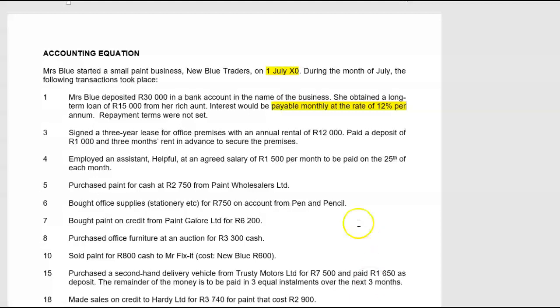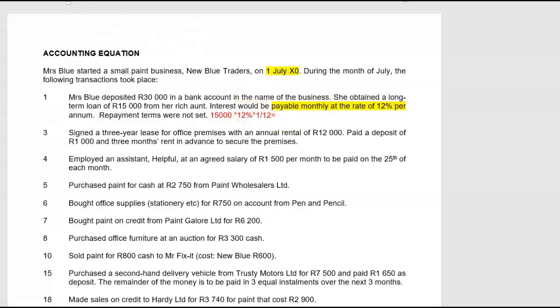Now, the other transaction that I referred to is the interest, but obviously we are now at the first of the month. So on the 31st of July, we will have to account for the interest. And that would have been 15,000 multiplied by 12% multiplied by 1 month. It's only 1 month that has gone past. And how much is that going to be?